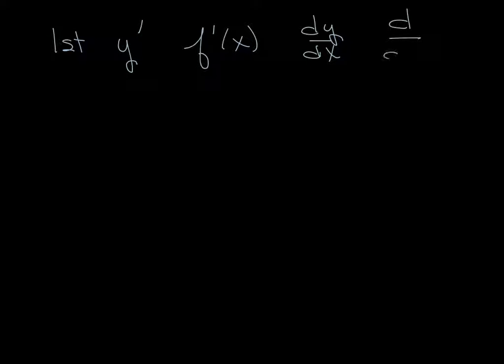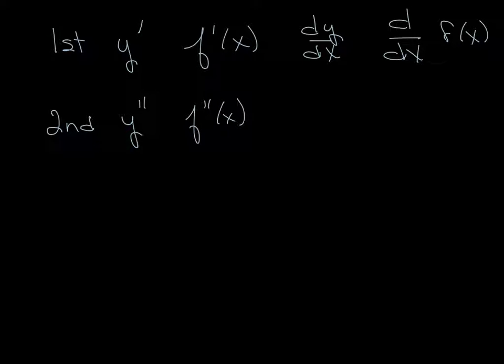But if our first derivative is expressed as y prime or f prime of x or dy dx, these are just different ways we can express the first derivative. You might see it as the derivative with respect to x of f of x. The second derivative, we show 2 marks, y double prime, or f double prime of x, or possibly this way.